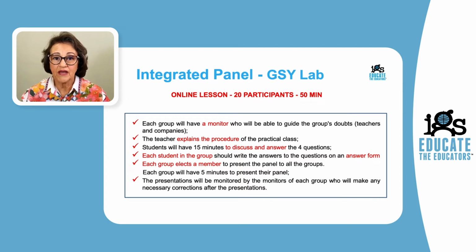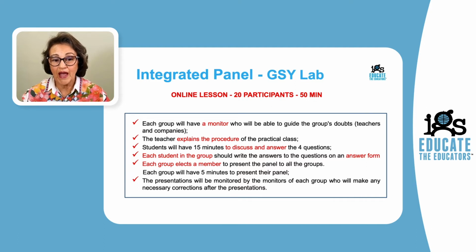After that, the group will have 15 minutes to discuss the sample and reach a final conclusion. The students will have 5 minutes to write the 4 answers on the answer form. All group members should fill out this form.